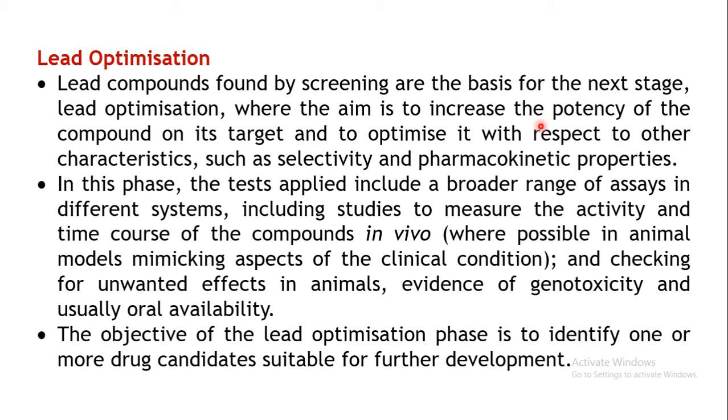Here you need to test the potency of your compounds on the target, how better it can interact, how better it can show the action on your target molecules, and to optimize it with respect to certain other characteristics like selectivity. So you should be selectively acting on these targets with a minimum action on the other systems of the body. Its pharmacokinetic properties have to be studied.